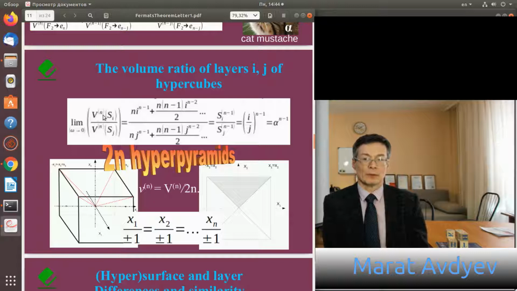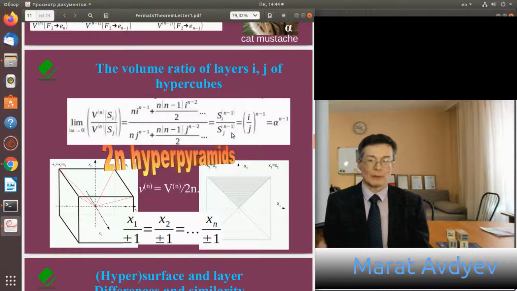In the limit, the volume of Se divided by the volume of Sg equals, here is the binomial coefficient. Approximately it is equal to the surface of this layer. In the limit, the approximation is distinct.